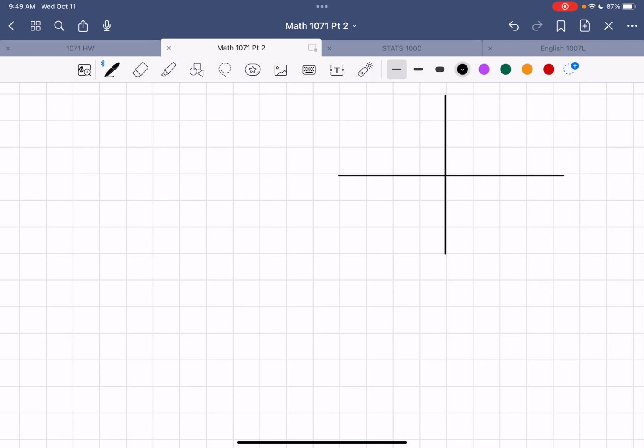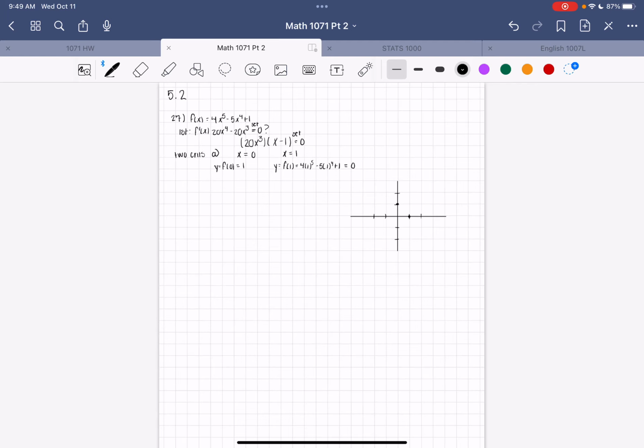So 2 points give me 3 intervals. Always one more interval than points. So let's do our shape intervals, over which I'm going to test the first derivative at 1 point to conclude something about shape.